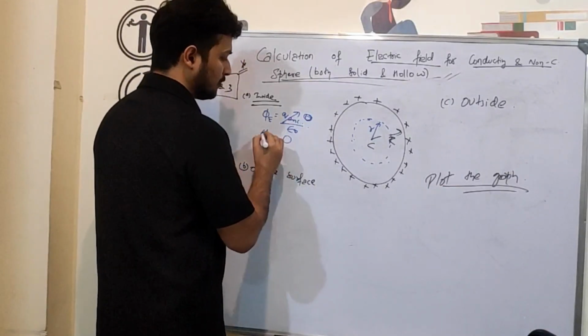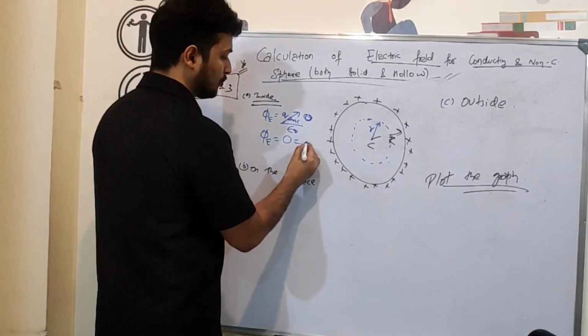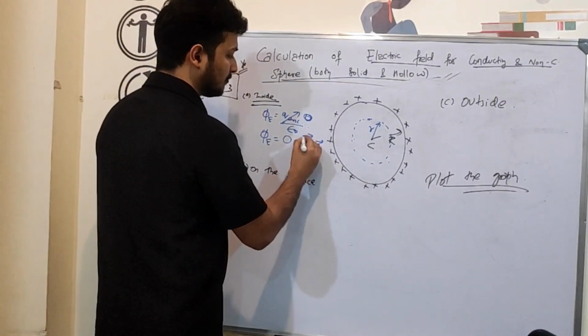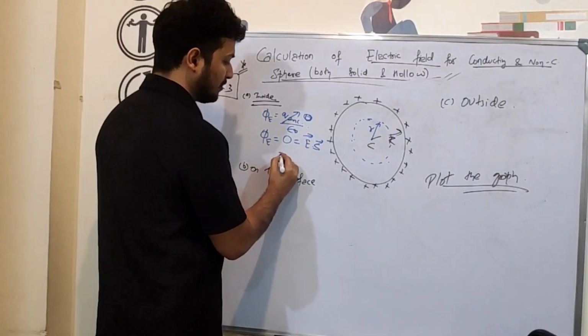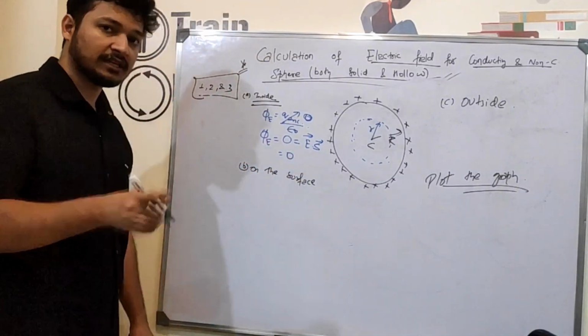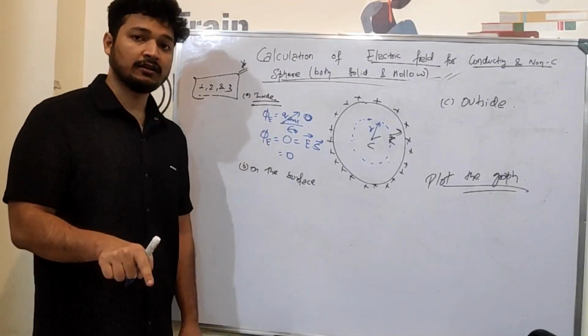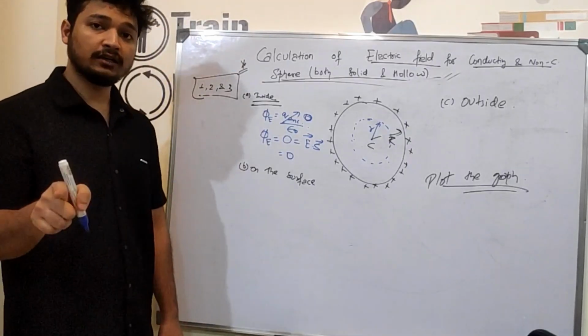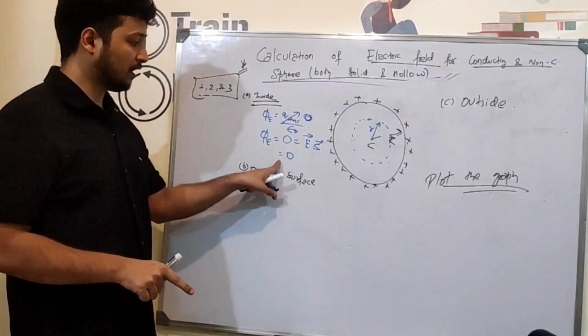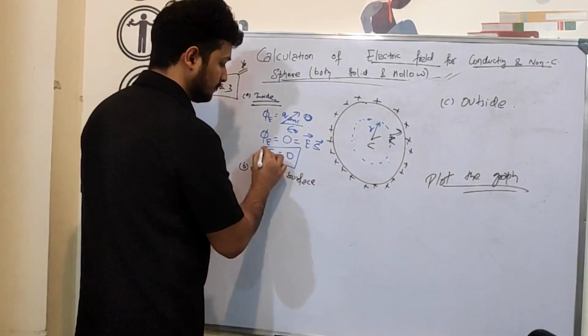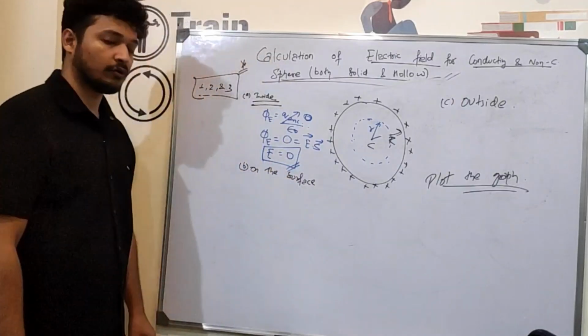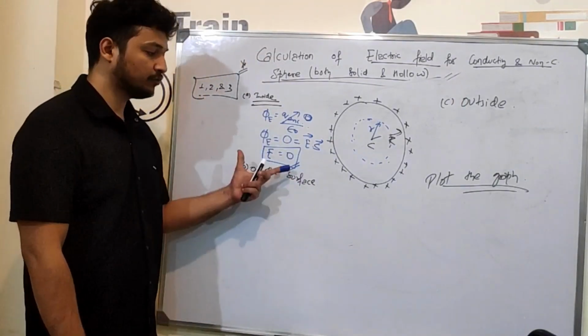And if phi E equals 0, that means E dot S, our definition of electric flux, will also be 0. That means inside the conducting sphere, solid, hollow, and non-conducting sphere, hollow, electric field we are always going to find to be equal to 0.